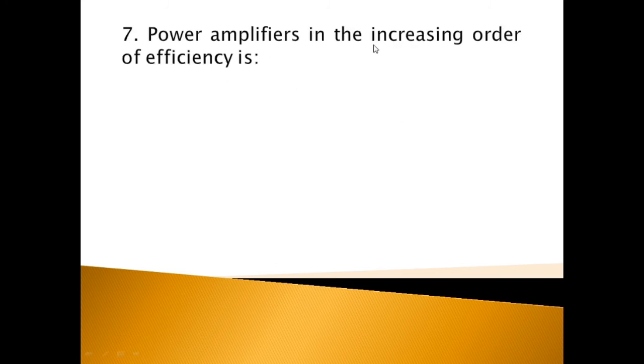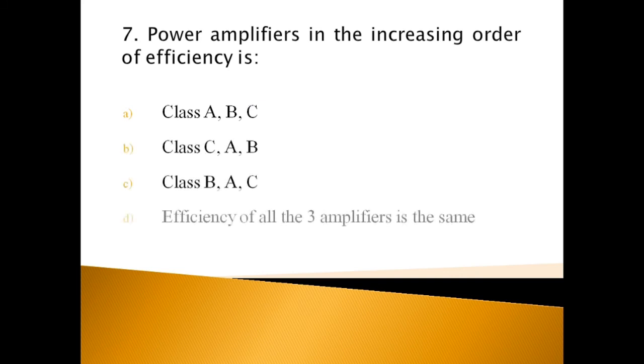Now question number 7: power amplifiers in the increasing order of efficiency is class A, B, C, or class C, A, B, or class B, A, C, or the efficiency of all the three amplifiers is the same. They asked for increasing order. Class A is 25 to 50%, class B is 78.5%, and class C is 95%.